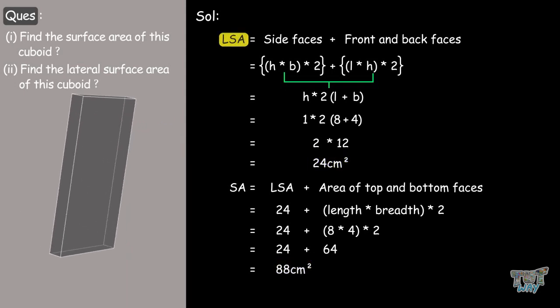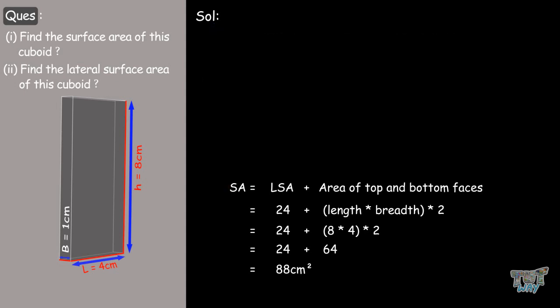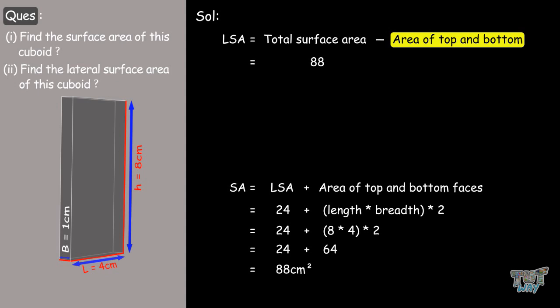The lateral surface area will change if you keep the same cuboid in a vertical manner. The top and bottom of these sides will be the shorter one, and the lateral surface area will increase, but the surface area will remain the same. Let's see. If we keep this cuboid in a standing fashion, then what will be the lateral surface area? Lateral surface area will be the total surface area minus the top and bottom. That is 88 minus the area of the top and bottom, which is length times breadth.